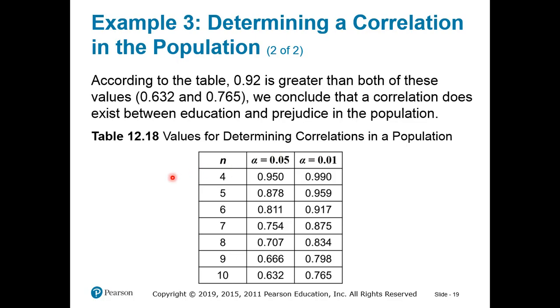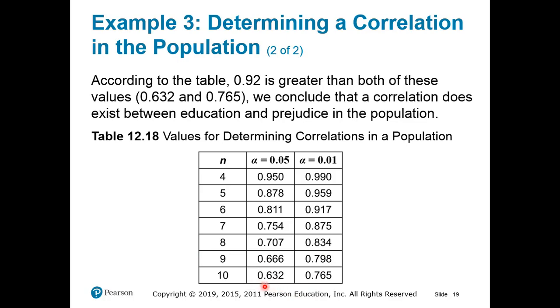So how we determine significance is this. We take our positive R value, and if our correlation coefficient is bigger than the critical value on the table, which are the critical values that we're looking up, then our correlation is significant. Okay, so in this case, if we look at 0.92, we get these two critical values.